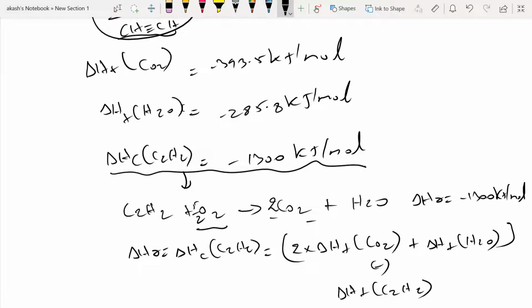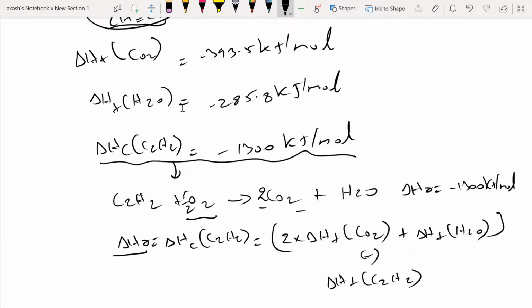I don't have to write O2 because that value is going to become 0. Enthalpy of formation of elements in their standard state is 0. Now we know this value. Delta HC we already know, that is minus 1,300 kilojoules per mole. Now, let me write it down.